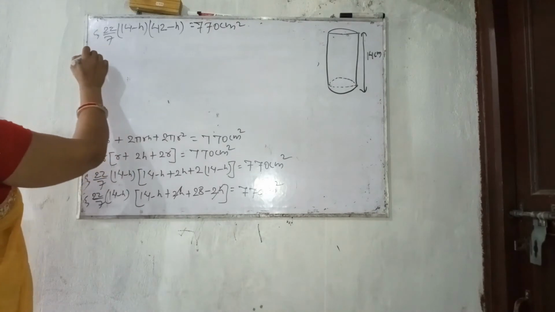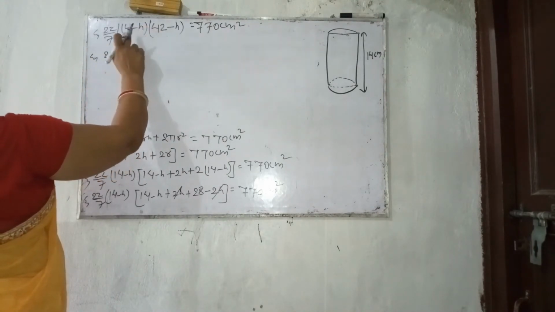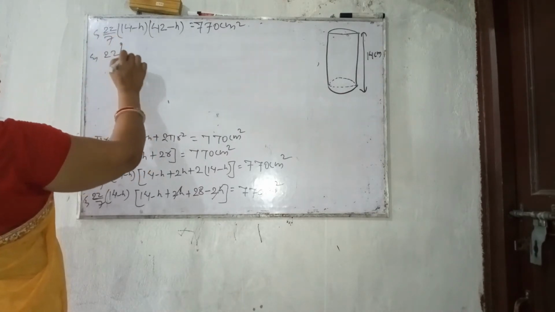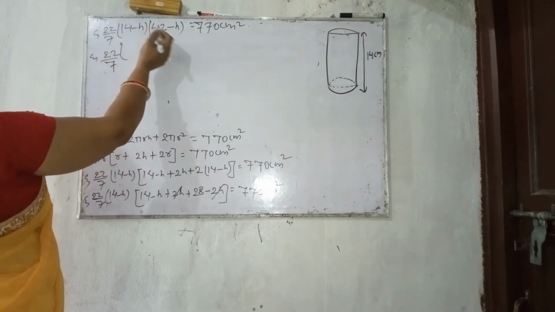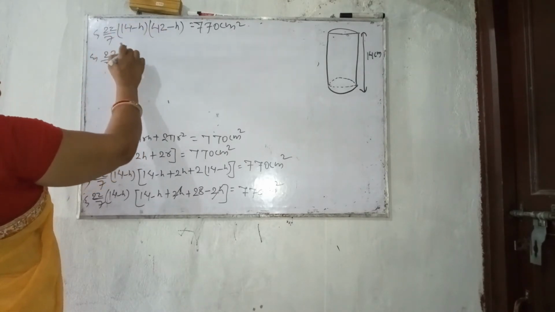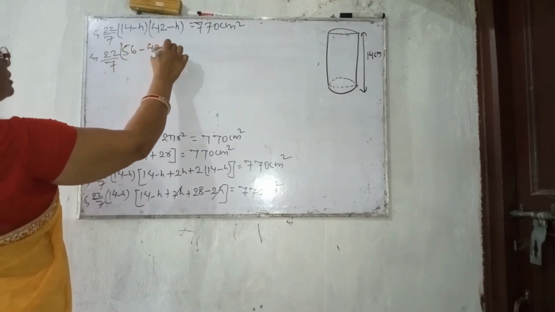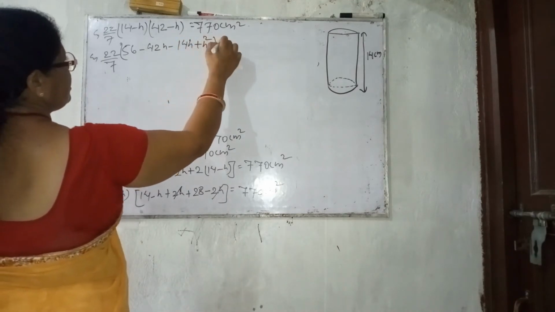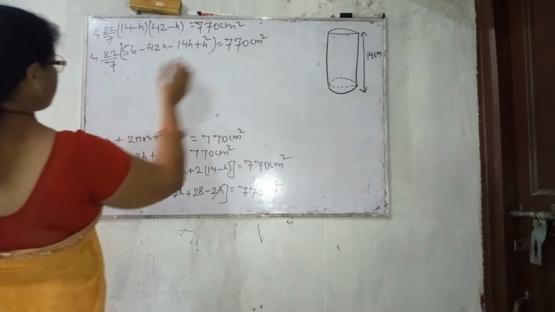Let's solve this. It will be 22 upon 7 into 56 minus 42h minus 14h plus h square equal to 770 cm square.